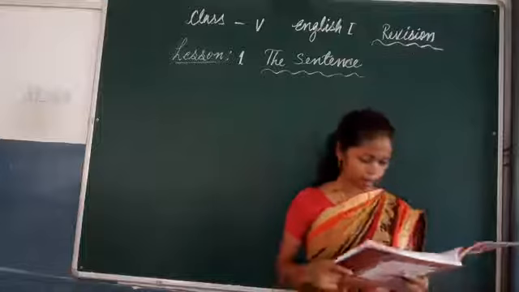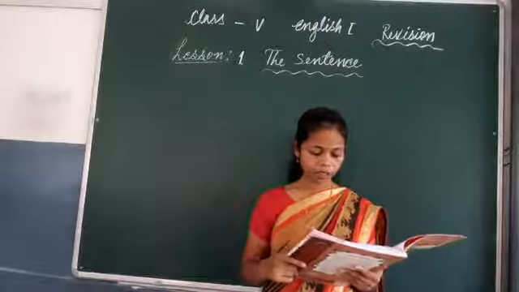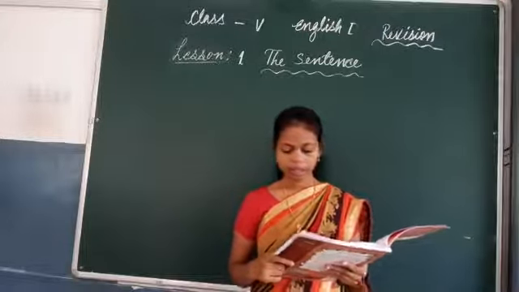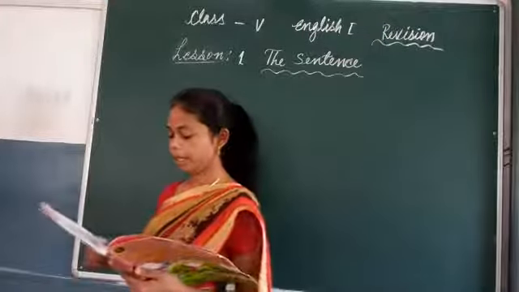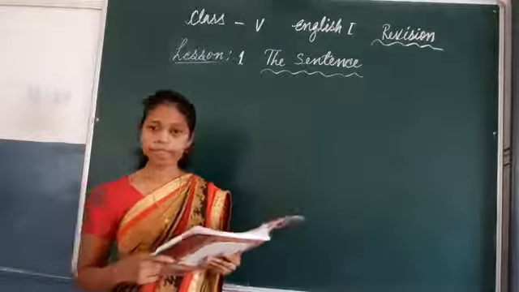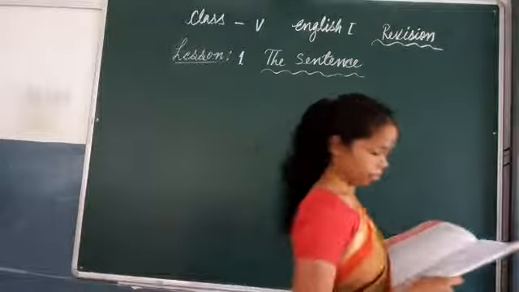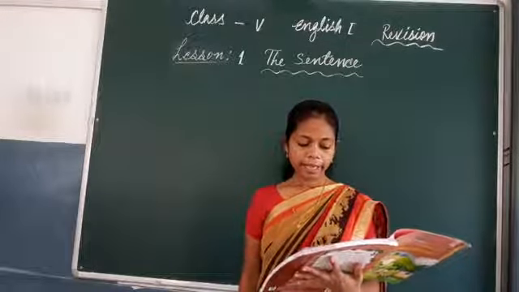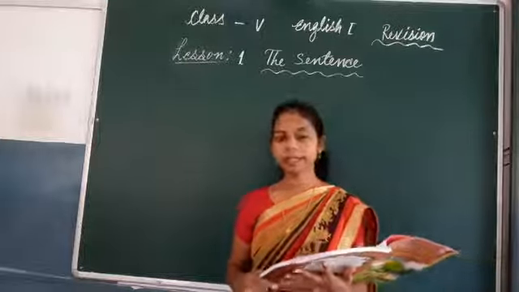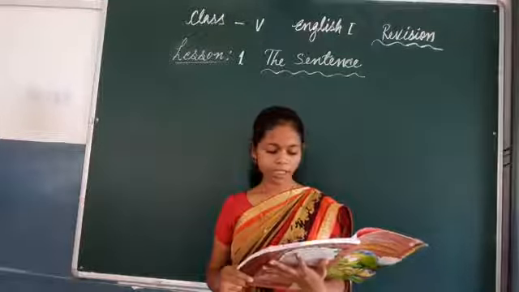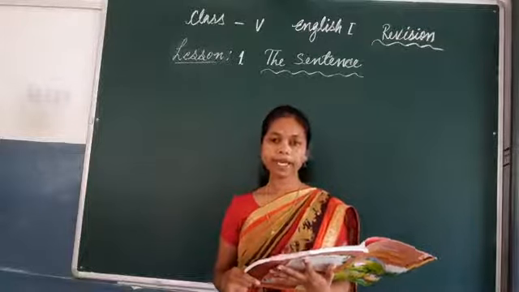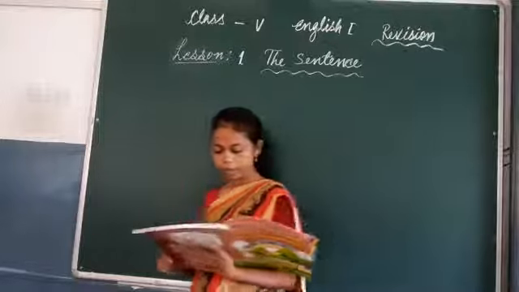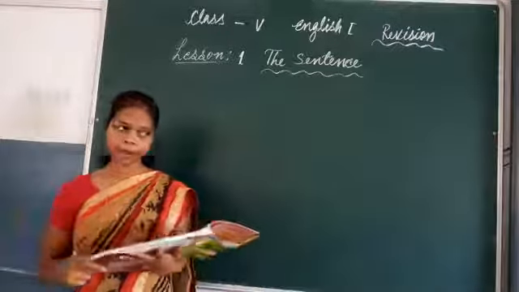First number, put a tick against the group of words which are sentences and a cross against those which do not make sense. First number, Gutenberg was a poor man.